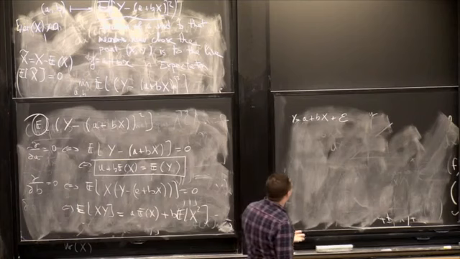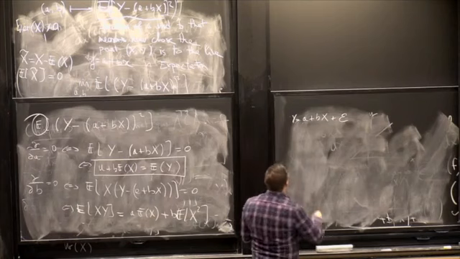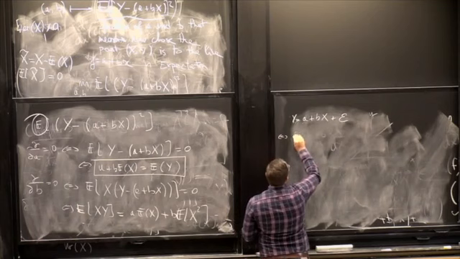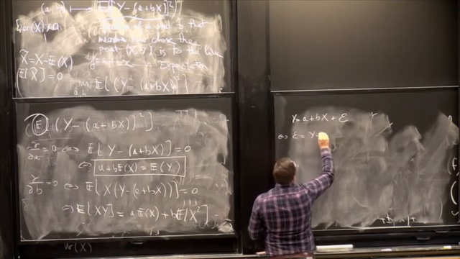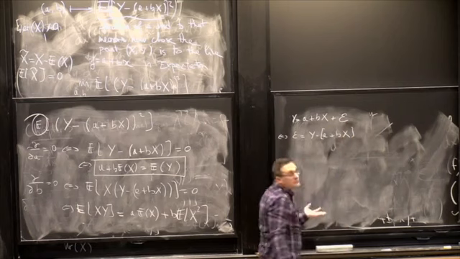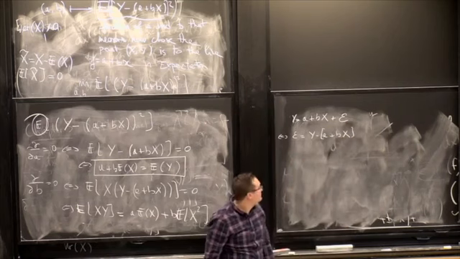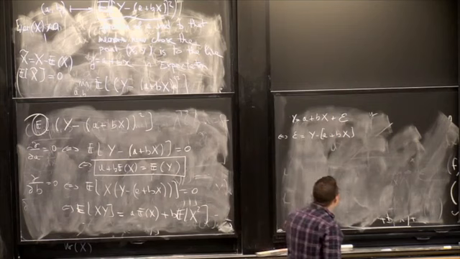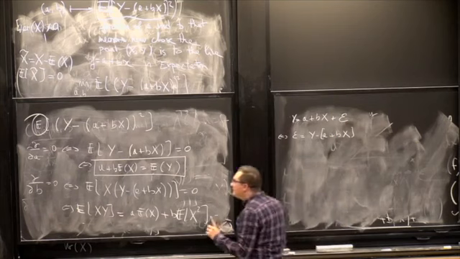So what happens is that I can always say this is equivalent to saying that epsilon is equal to y minus (a plus bx), right? I can always write this. It's a tautology. But here, this is not for any a and b.